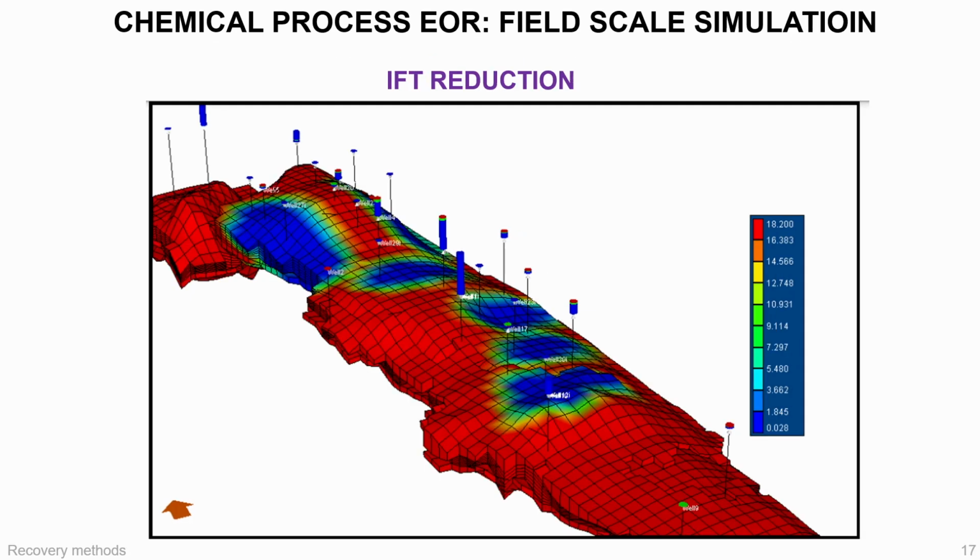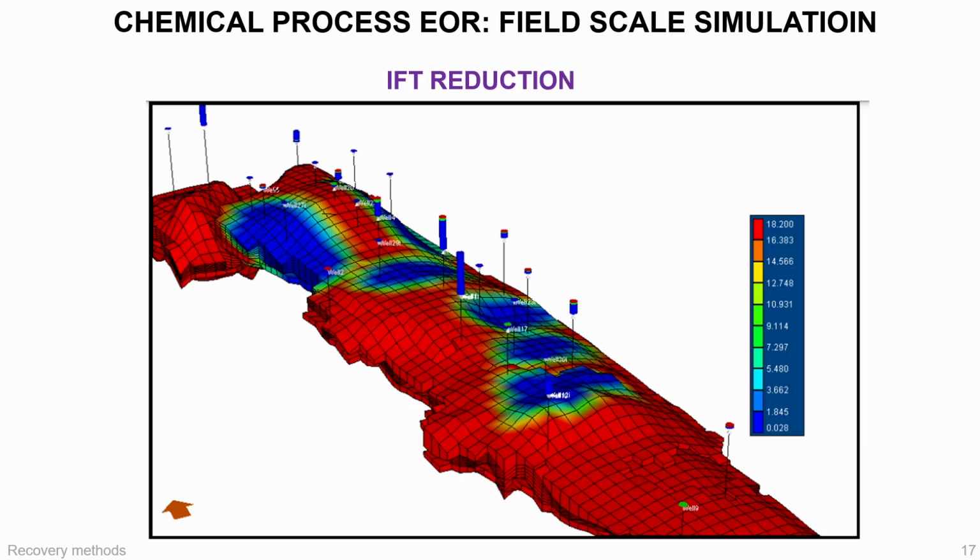This slide highlights interfacial tension reduction at field scale. Lower IFT may improve microscopic displacement efficiency by freeing oil trapped in pore spaces. However, the field scale result depends on whether the chemical front reaches a large enough part of the reservoir.